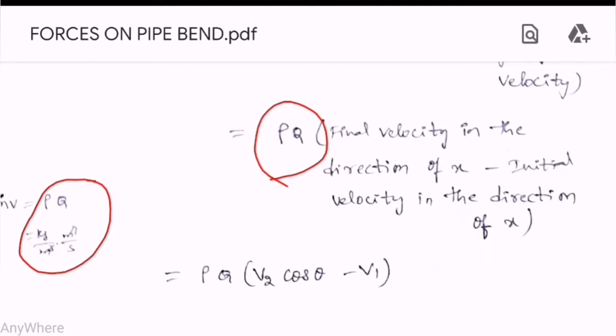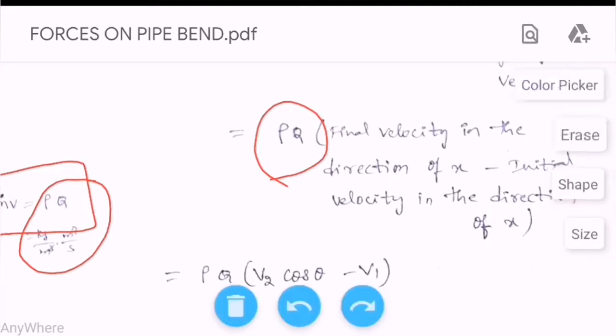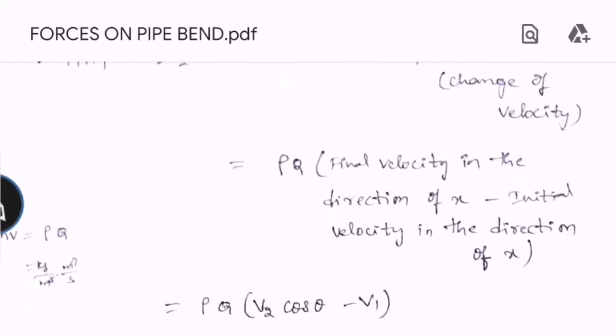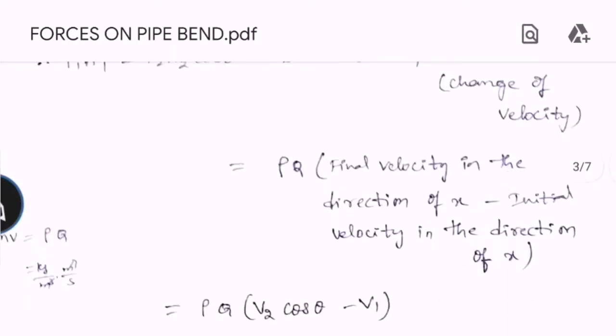In that way we can consider that mass per second is nothing but rho into Q for easy understanding. Otherwise, from the momentum equation, mass per second into change of velocity.